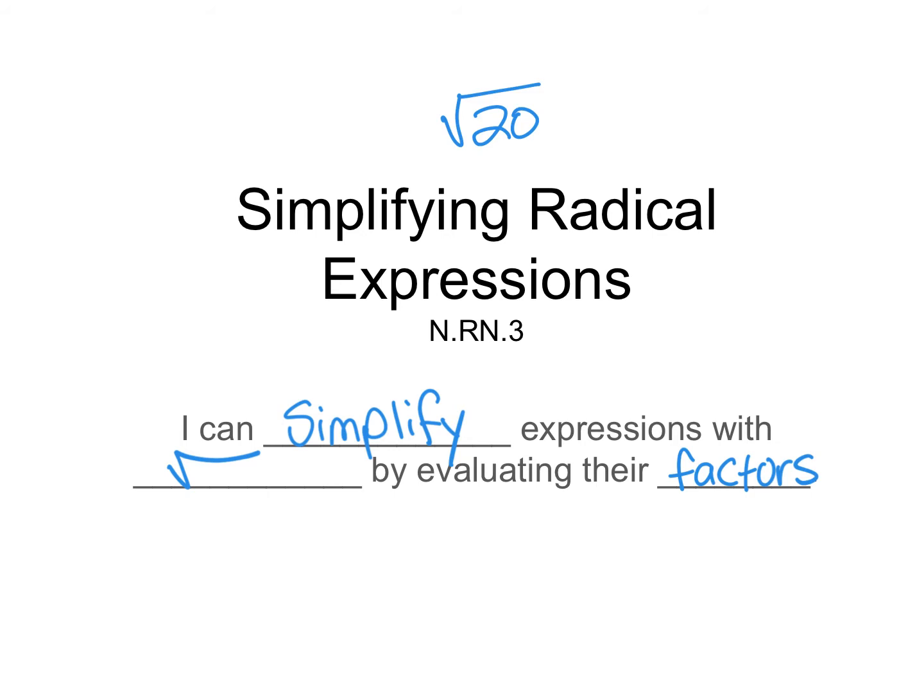So if you calculated the square root of 20 in your calculator, you would get some crazy number, like 4-point crazy stuff. So we're going to look at how we can simplify that into whole numbers, but still leave behind part of what's in the radical. This is not a super difficult lesson, especially if you're pretty good at multiplication. But we'll walk through this slowly and make sure we all have a basic understanding of it.